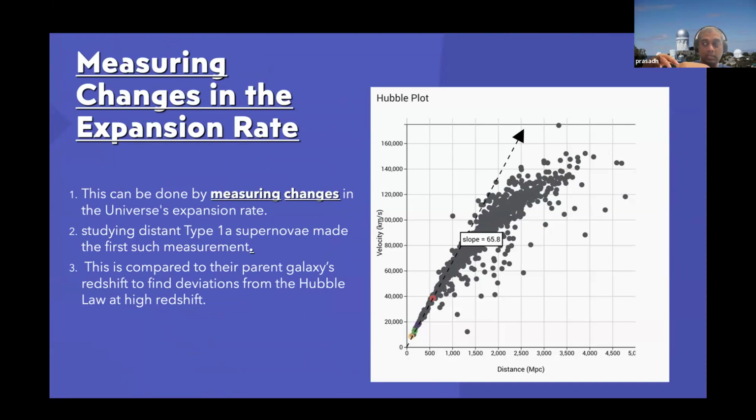So earlier it was slow, now it's faster, which means the universe is actually accelerating now. This is one of the huge discoveries that we made in 2011.